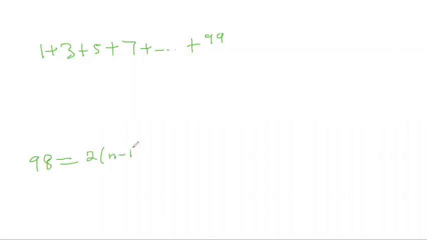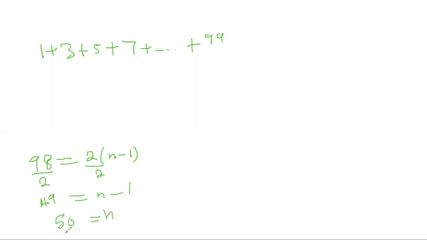So we divide by 2, and this gives us 49 is equal to n minus 1, and our n is 50.